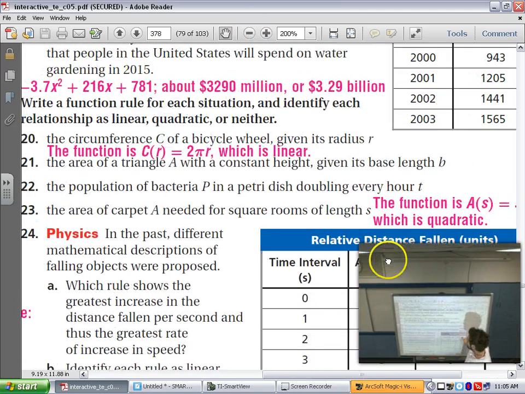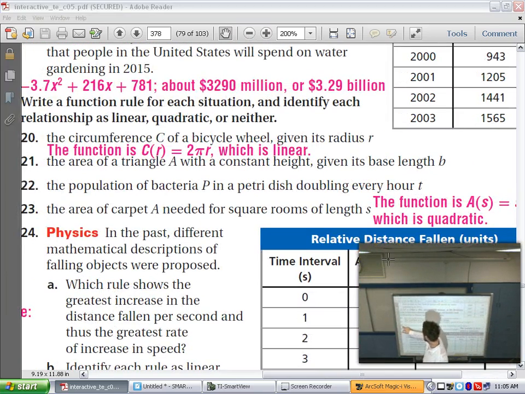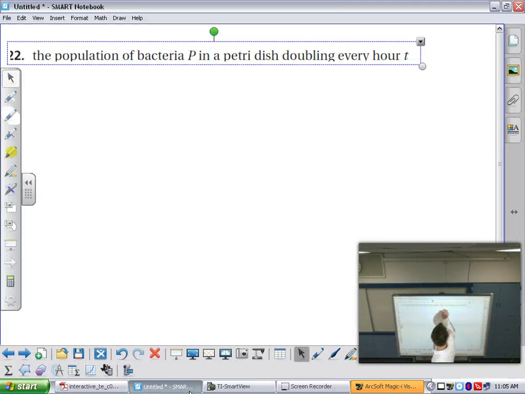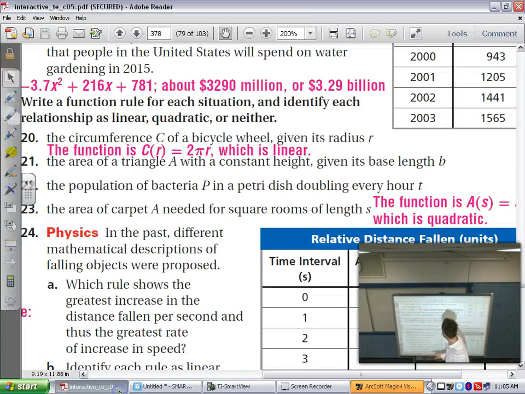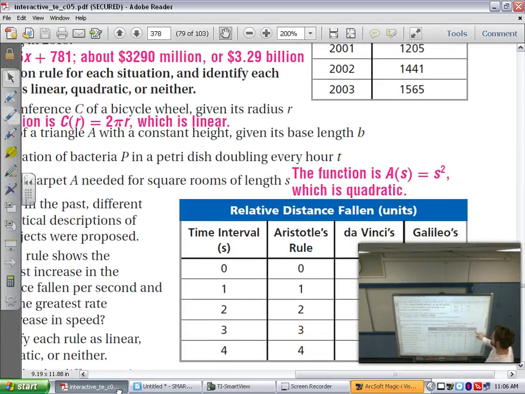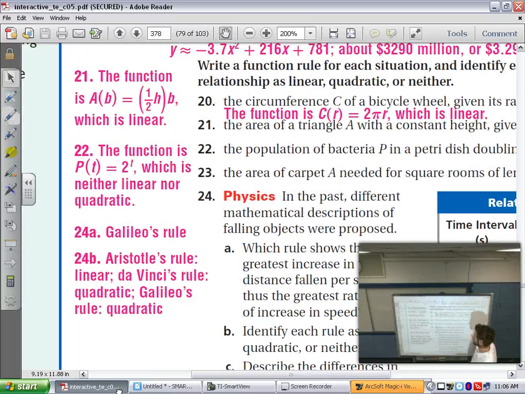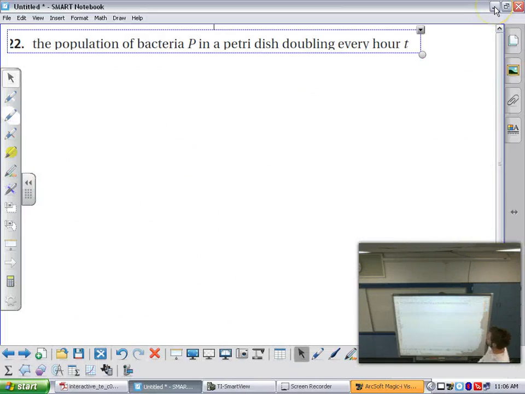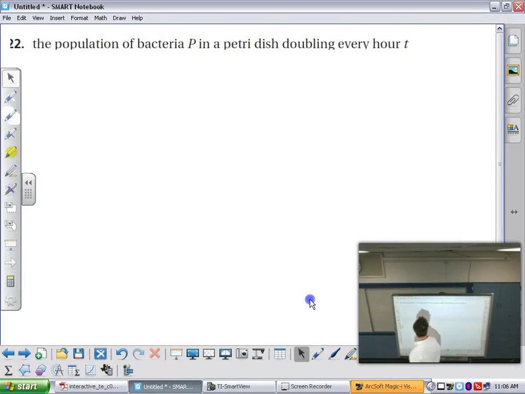One that would have been neither is the bacteria one, and we'll see why. Bacteria one is kind of interesting. You've got the population of a bacteria.